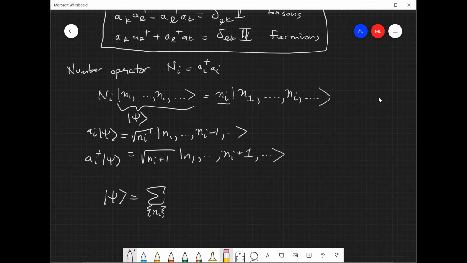And so any state, of course, I can write as a linear combination of occupation number states. So I'm going to write it like this. What I mean by this is any state in my multi-particle Hilbert space I can write as some linear combination of occupation number states, where this is just a set of occupation numbers.